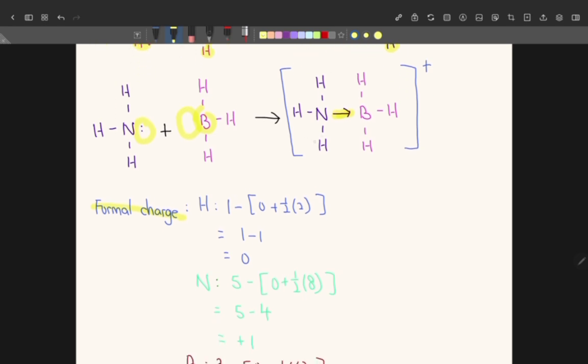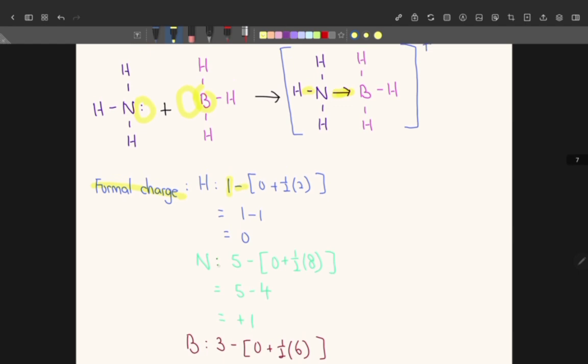For H, the 6 of these H are the same, so I just count one time. So the valence electron is 1 minus no lone pair, 1/2 of 2 bonding electrons. So 1 minus 1 equals 0. For N, nitrogen, 5 valence electrons minus also no lone pair.